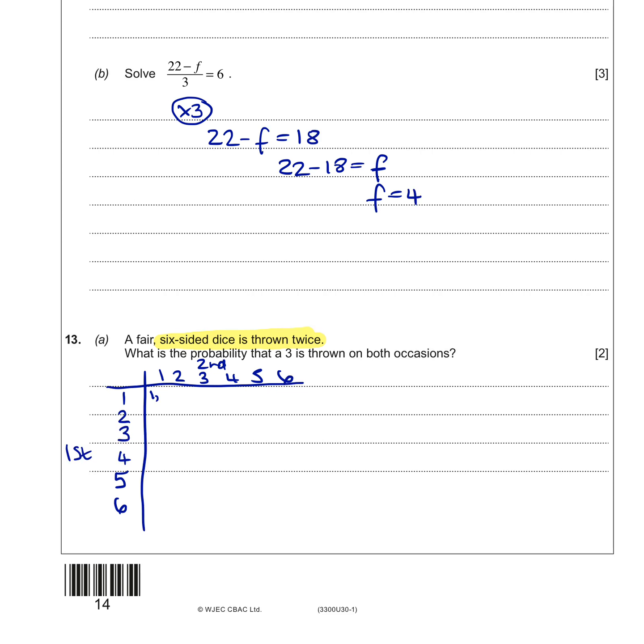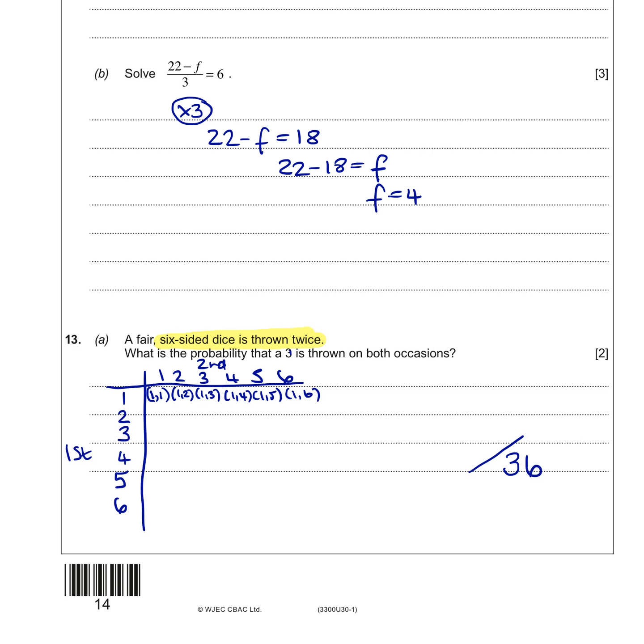That top row would start off with 1 1, then have a 1 2, 1 3, 1 4, 1 5 and 1 6. Every row would then have another 6 outcomes, giving us a grand total of 36 outcomes in the entire table.